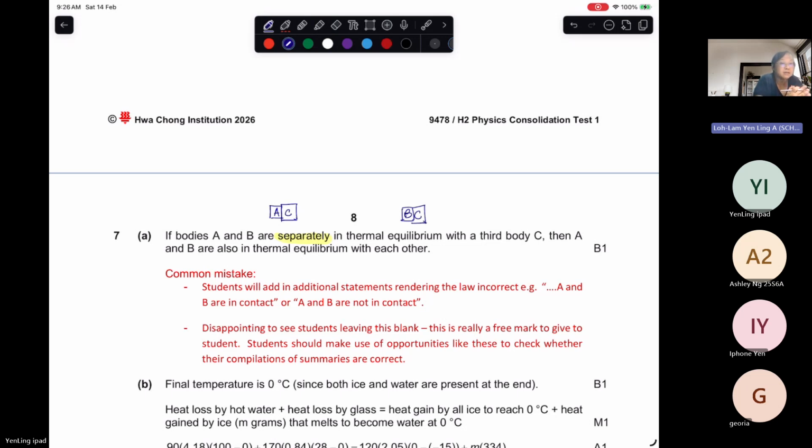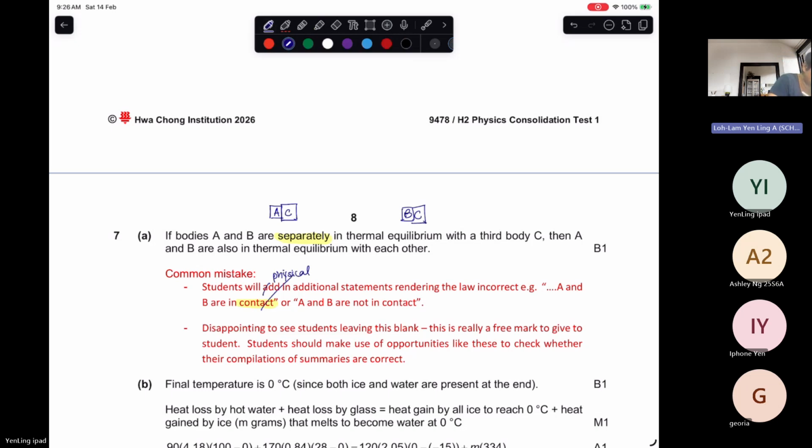Contact means physical contact. Thermal contact means there's some way in which thermal energy can be exchanged between the two bodies. So they don't need to be in physical contact. They need to be in thermal contact.